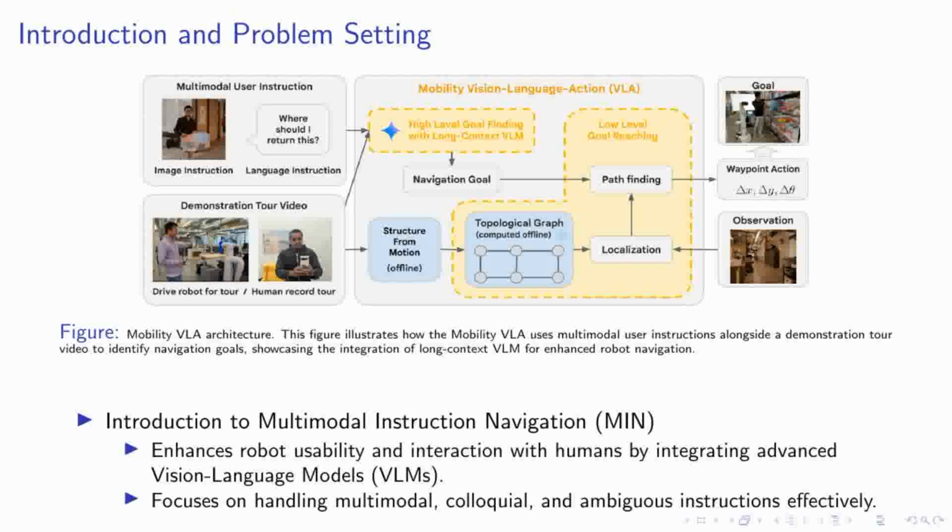Our focus on multimodal instruction navigation, or MIN, is pivotal. It not only boosts robot usability, but also enriches interaction with humans. By employing advanced VLMs, our system adeptly handles a range of instructions, be they multimodal, colloquial, or ambiguous. This capability is crucial for developing robots that can understand and act on diverse human commands in real-world scenarios.